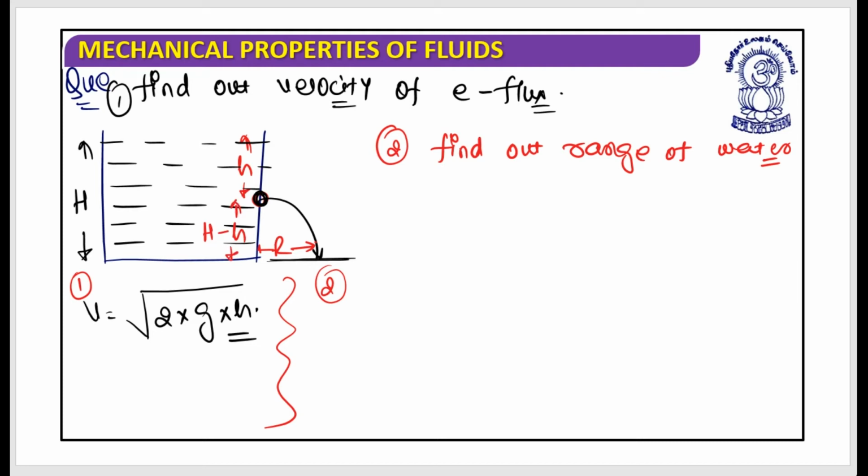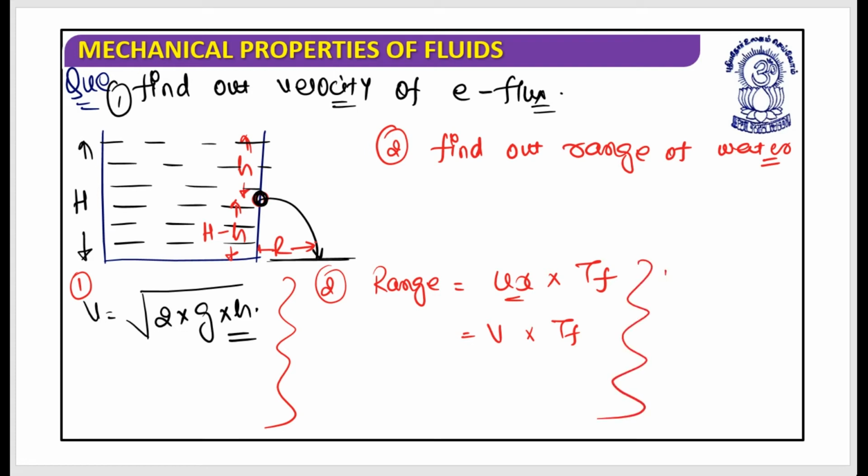Yes, and the range would always be velocity in the horizontal direction multiplied by time of flight. The velocity in the horizontal direction you have already decided, v equals root of 2gh, multiplied by time of flight. Now how should I calculate time of flight?